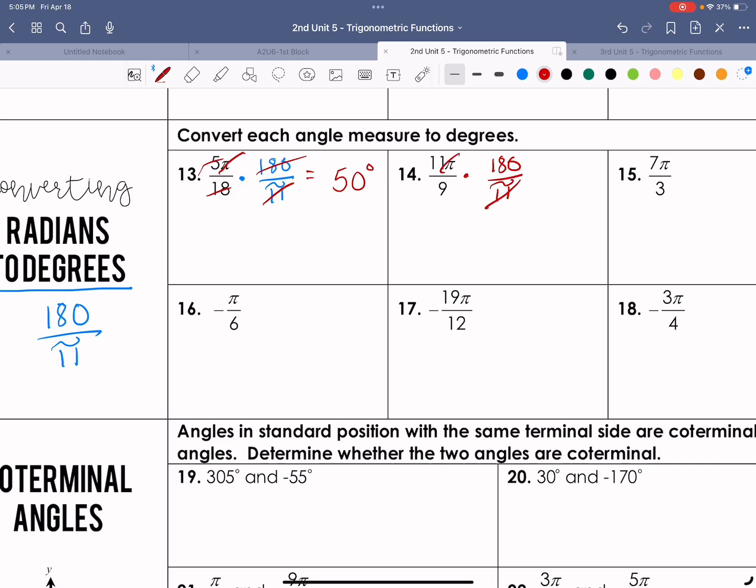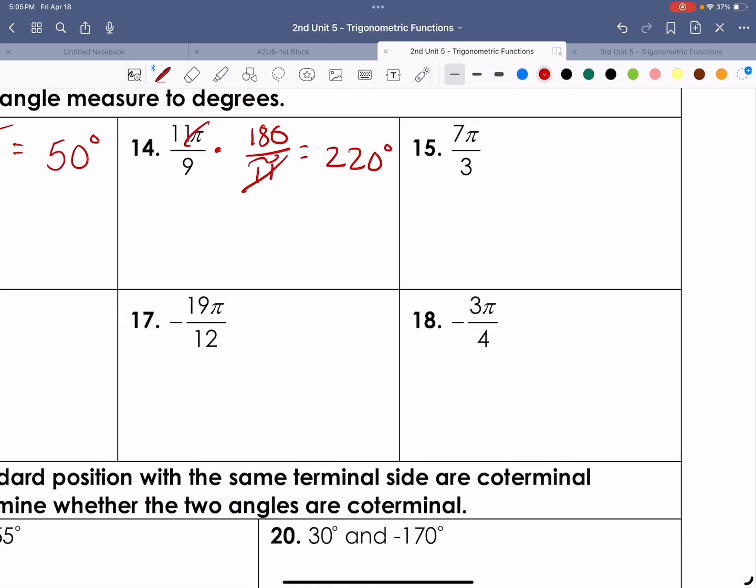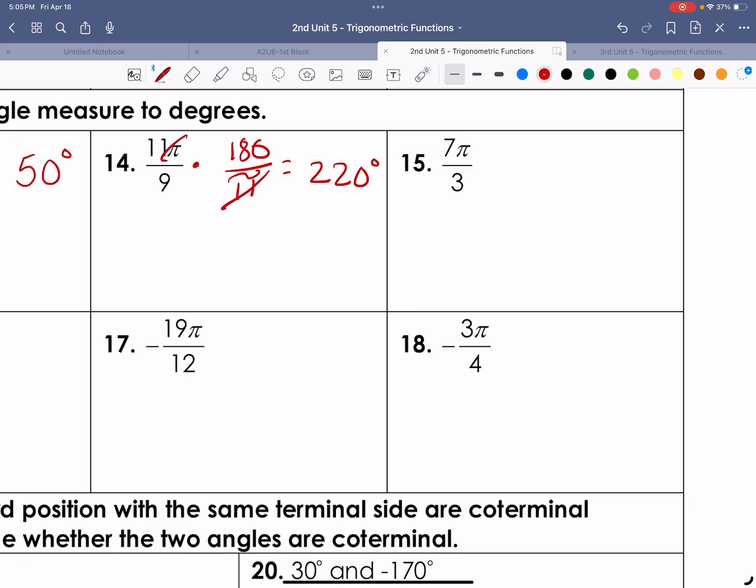The pi's cancel. The other numbers multiply and reduce to give you 220 degrees. All right, then for this one, we're still going to multiply times 180 over pi, and the pi's cancel out. If you take 7 times 180 and then divide it by 3, that is going to give you 420 degrees.